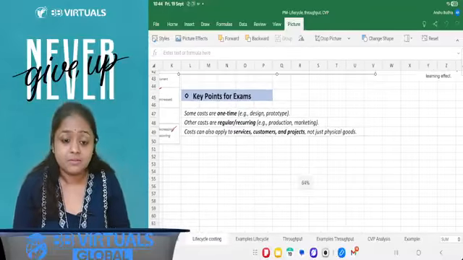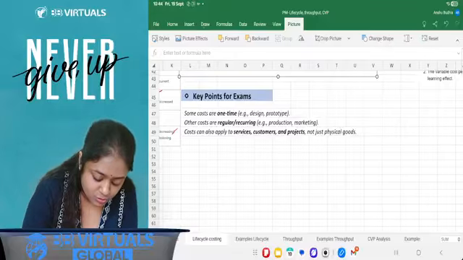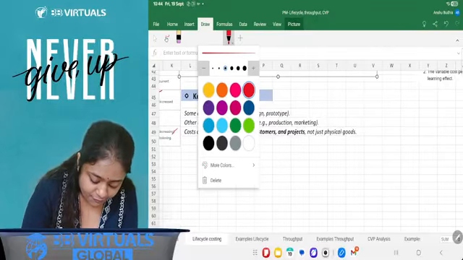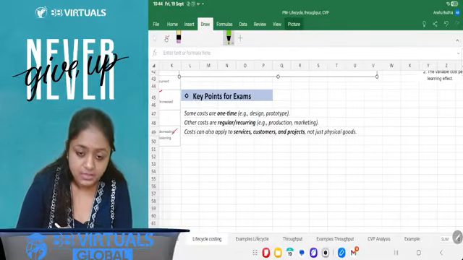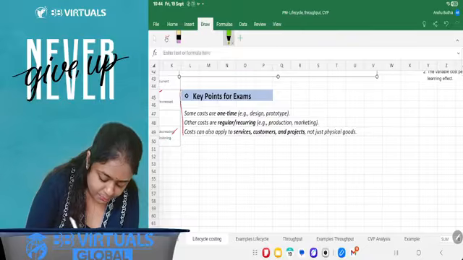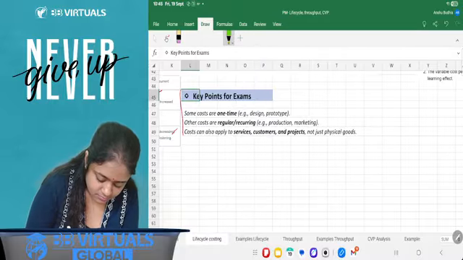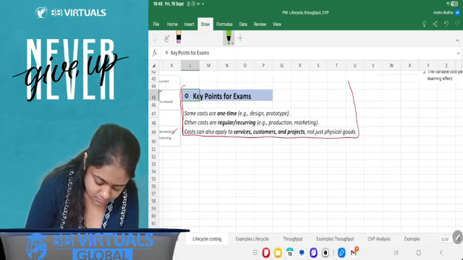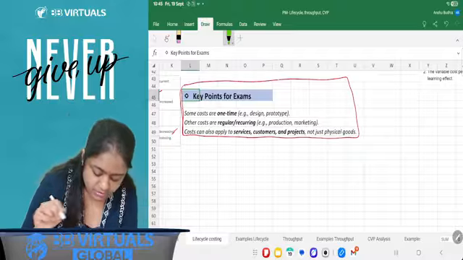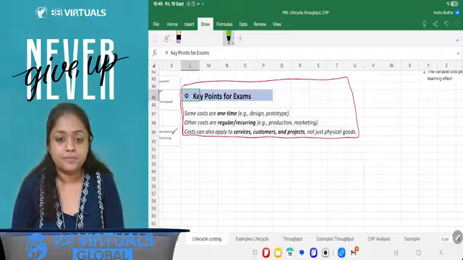These are some key pointers that I want you to look at. Very, very important. What are these key pointers?